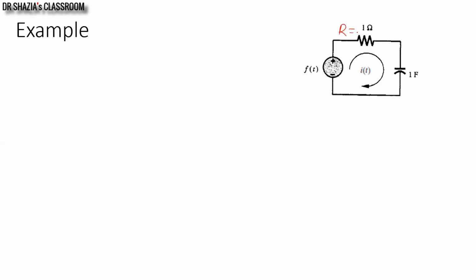The capacitance C is 1 farad and the current flowing through the circuit is i(t). So the loop equation will be written as R i(t) plus the voltage across the capacitor, which I am representing as vC(t), equals the input voltage f(t). This is my equation number 1.